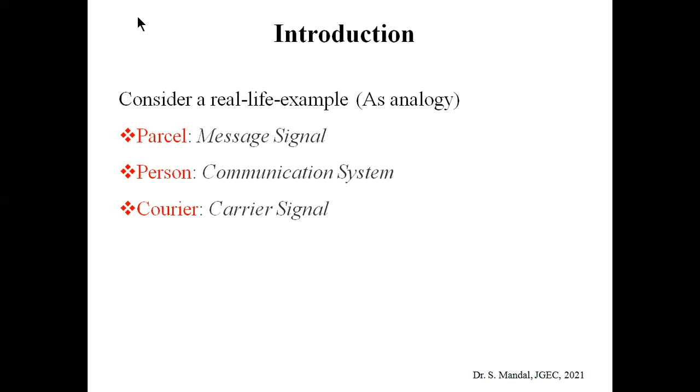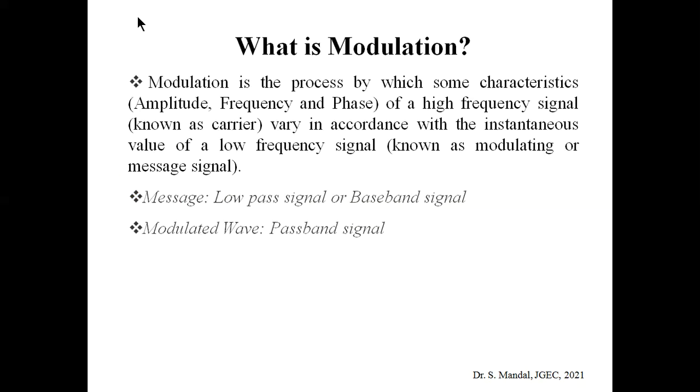So let's get the analogy again. The parcel can be considered as the message signal, the person can be considered as the communication system, and the courier can be considered as the carrier signal. So by using a carrier signal or high frequency signal, a message can be embedded in it and can reach its destination.